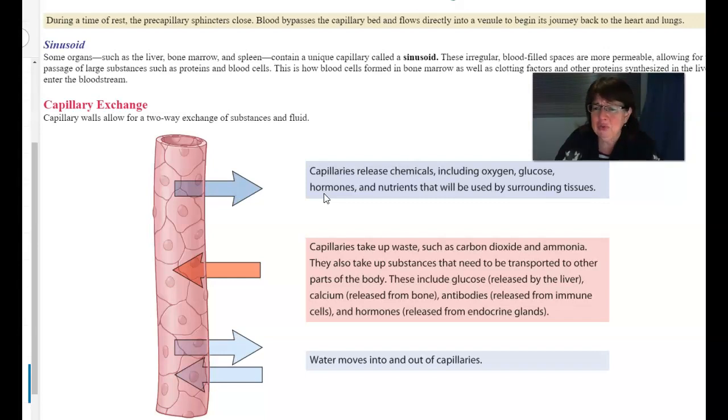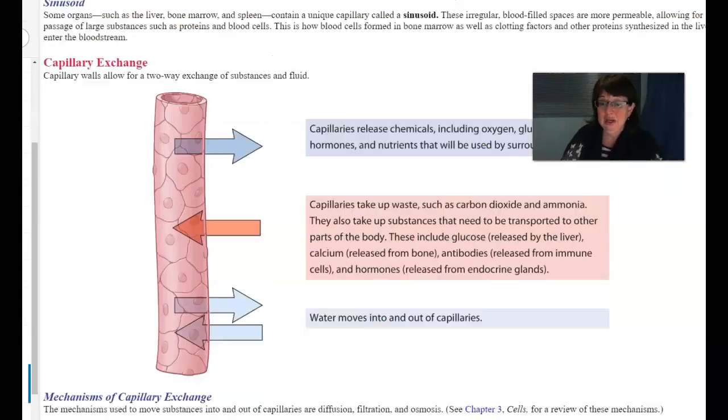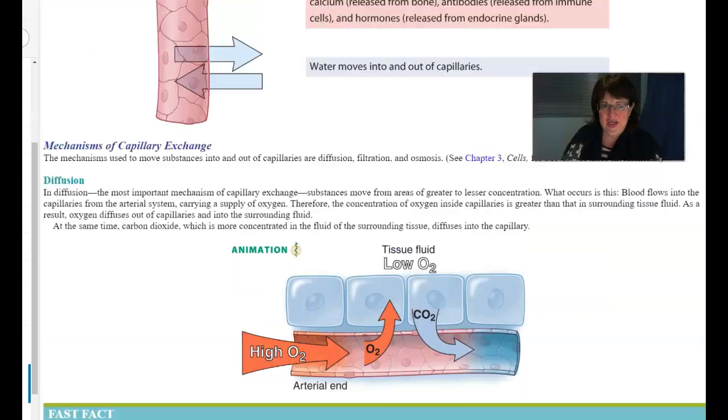The capillaries will release anything small out of their cells, and this includes oxygen, glucose, hormones, and nutrients. And then the capillaries, usually by concentration gradients, take up waste, such as carbon dioxide and ammonia. And then these get transported around the body. And water will move in and out of the capillaries based on osmotic gradients.